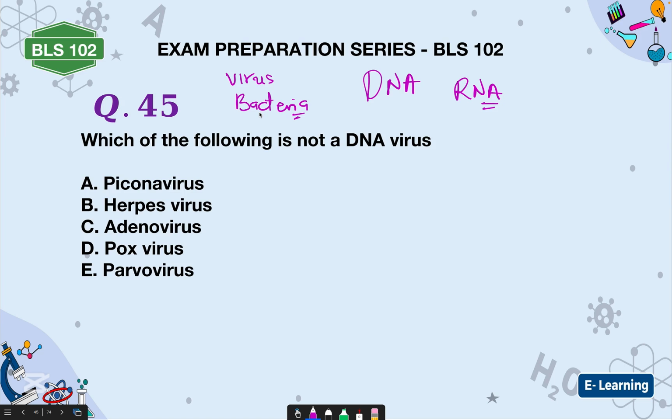Now, all of the viruses you have here are DNA viruses, apart from picornavirus. Picornavirus is not a DNA virus. Herpes virus is a DNA virus. Are you getting it? Adenovirus is a DNA virus. Even parvovirus is a DNA virus, but picornavirus is an RNA virus. All right.